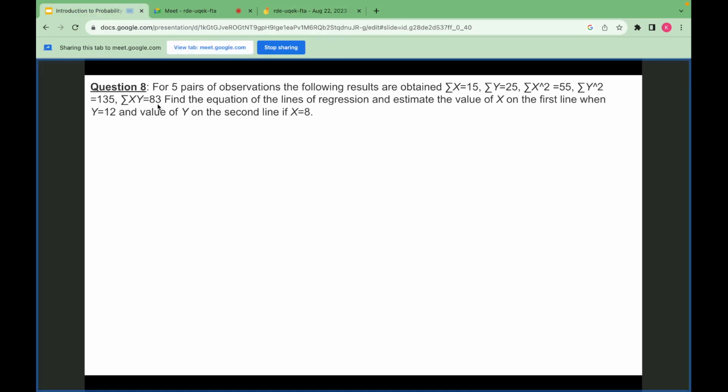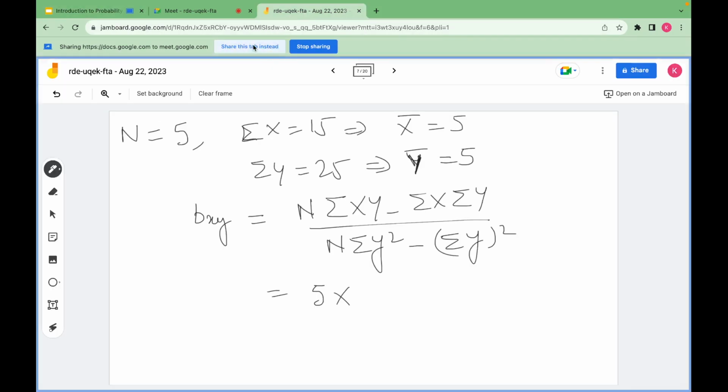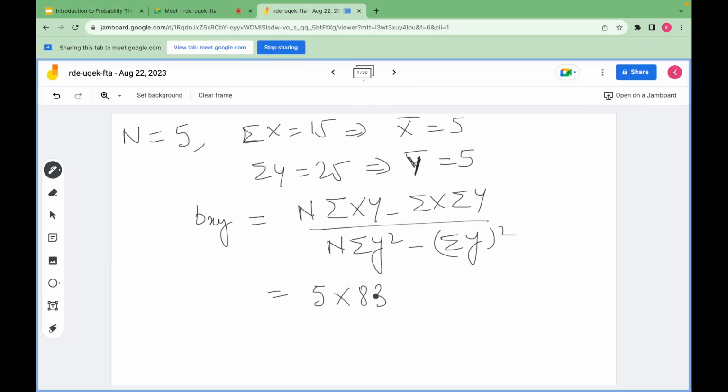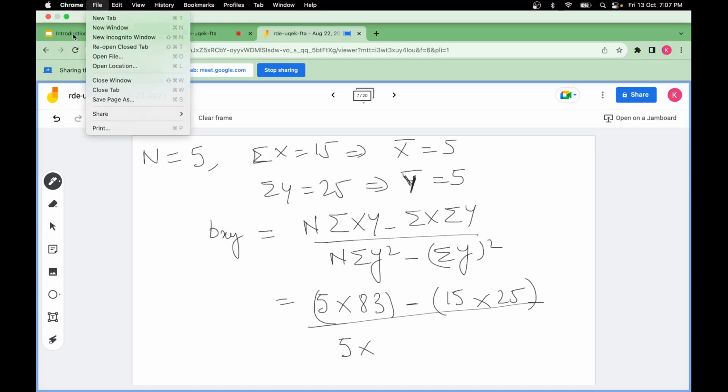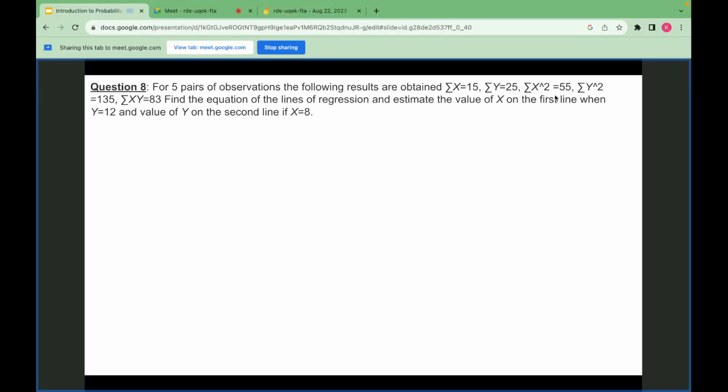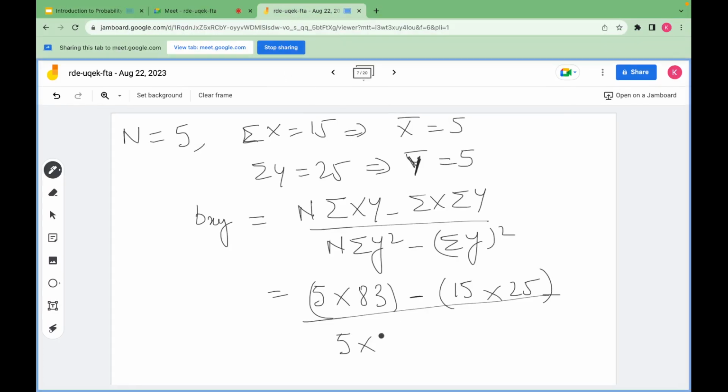Sigma xy is given 83. So 5 into 83 minus sigma x into sigma y, sigma x is 15 and sigma y is 25, divided by n into sigma y square. Sigma y square is 135, minus sigma y whole square, which is 25 whole square.